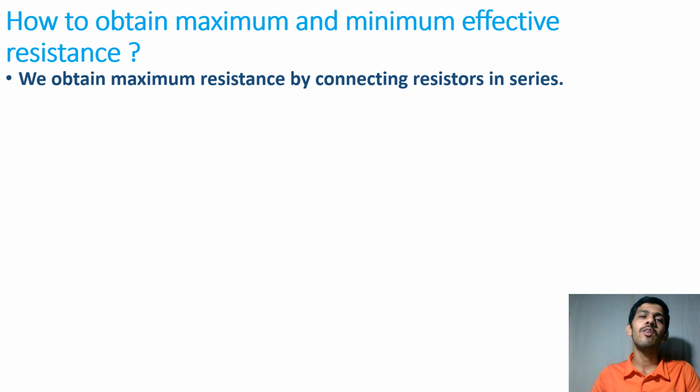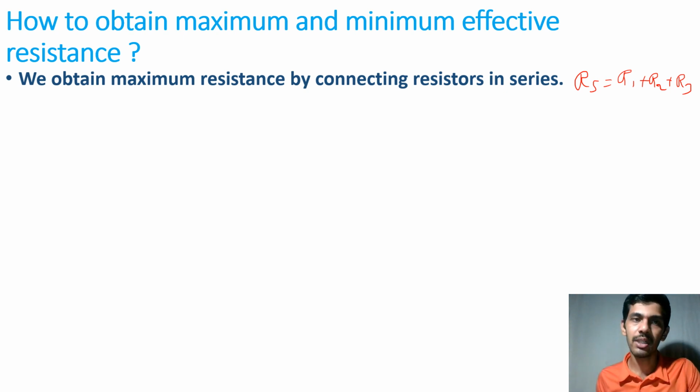We obtain maximum resistance by connecting resistors in series. Why? Because the formula of the series combination itself says Rs is equal to R1 plus R2 plus R3. That is, the resistors get added up in a series combination.